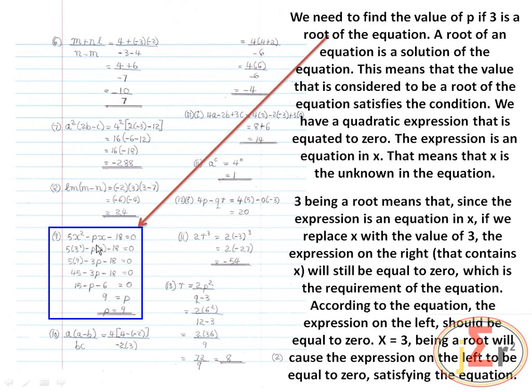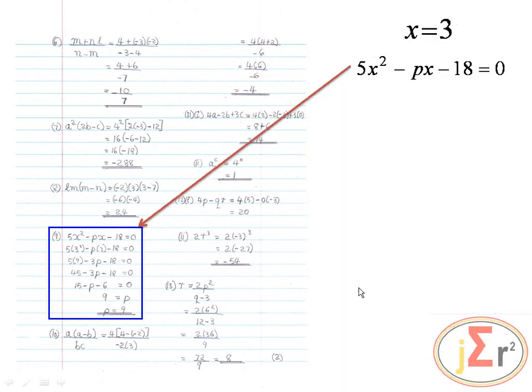So if 3 is a root, this is equal to 0. If you place 3 inside here, it is still equal to 0. So the condition is maintained by substituting x into that expression. Therefore, what we will do is substitute 3 into this expression, and the result should still be equal to 0.